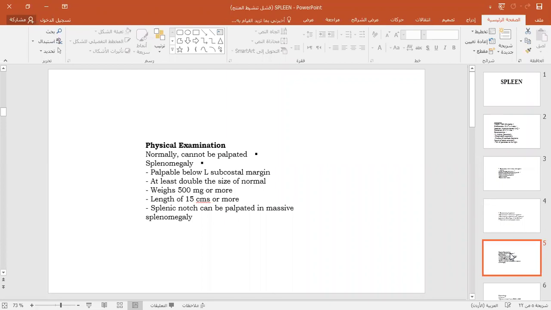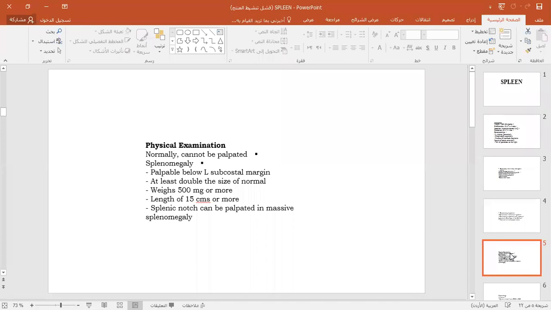During splenomegaly, it is palpable below the left subcostal margin, at least double the size of normal, about weight of 500 gram or more, length above 15 cm or more. Splenic notch can be palpated in massive splenomegaly.